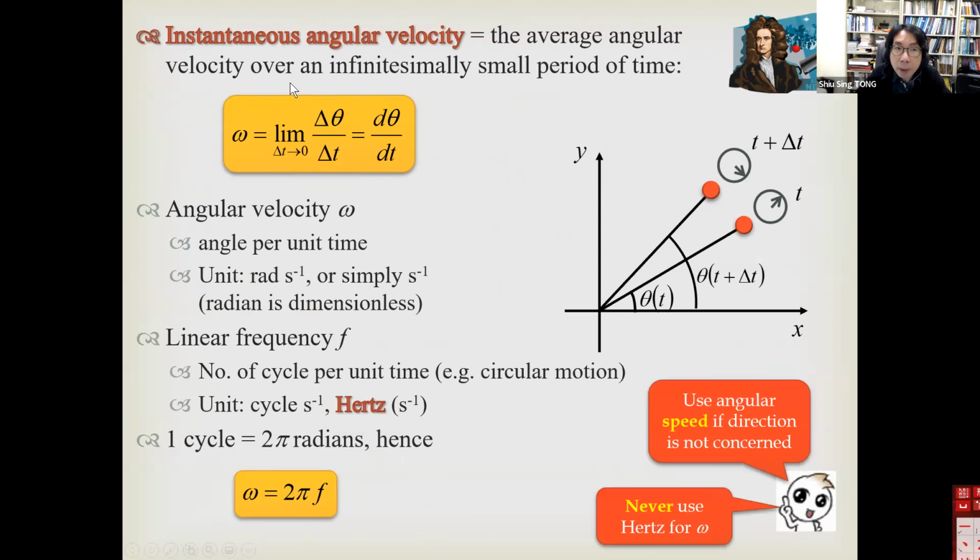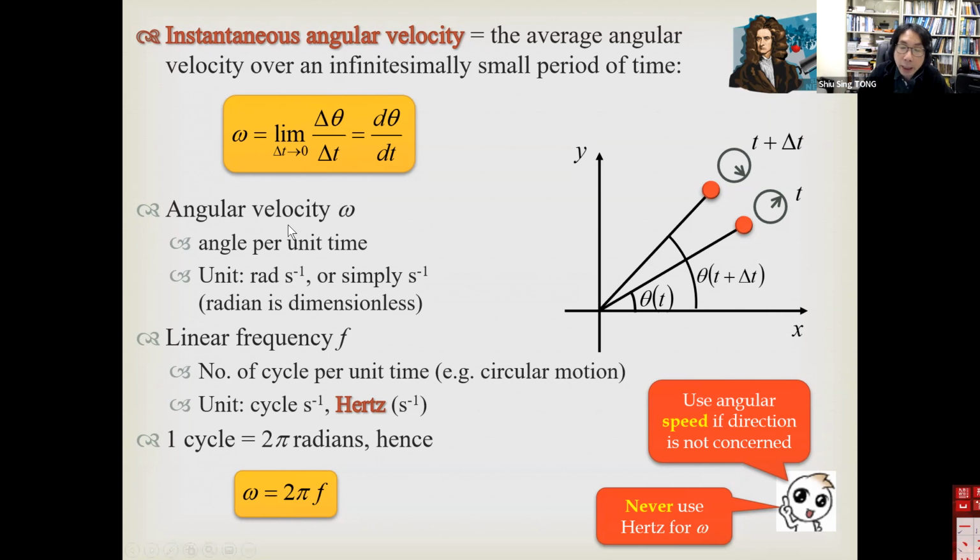And if I take the limit where delta t tends to 0, the ratio of delta theta over delta t will then be equal to d theta dt. And I call this the instantaneous angular velocity. The instantaneous angular velocity means the angular velocity at a certain instant. The angular velocity may be changing, but the instantaneous velocity always refers to the angular velocity at a certain instant of time. Okay.